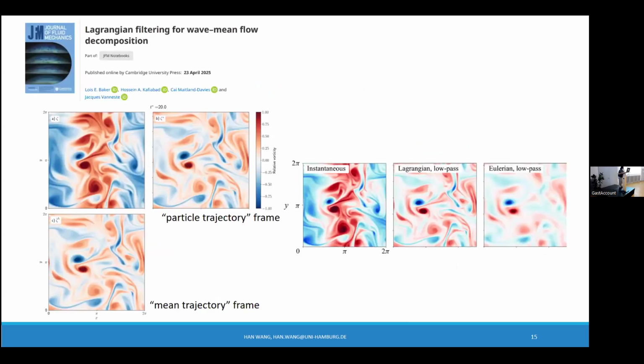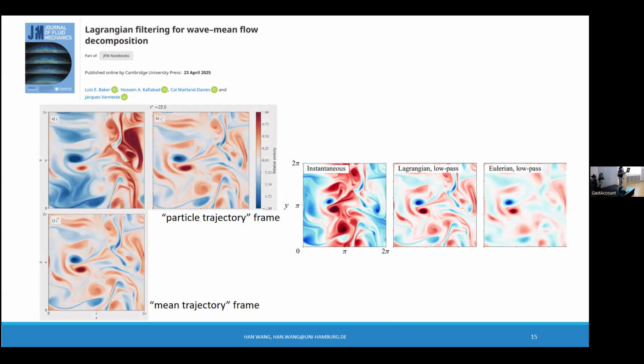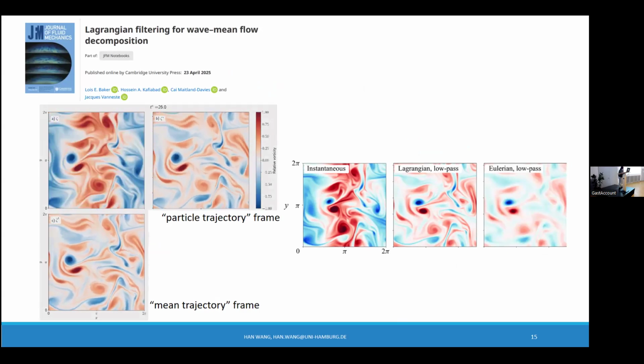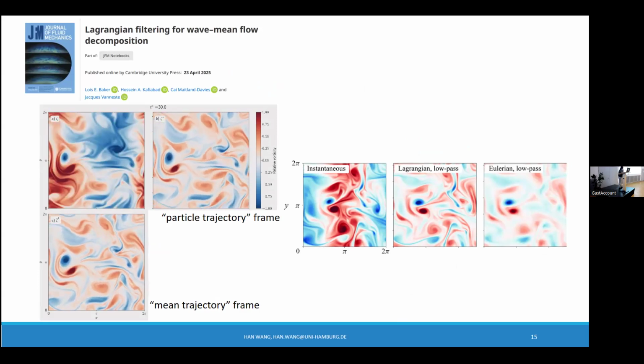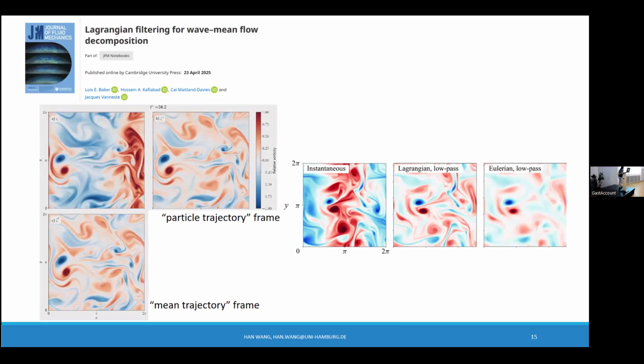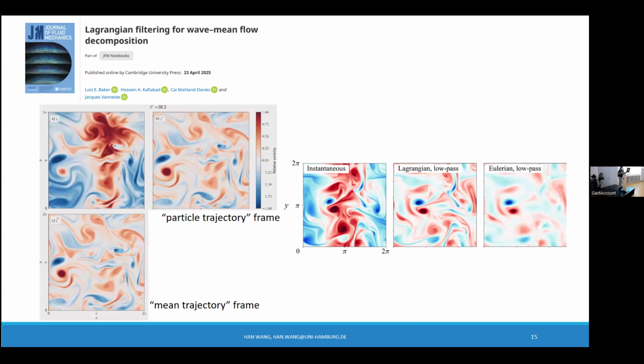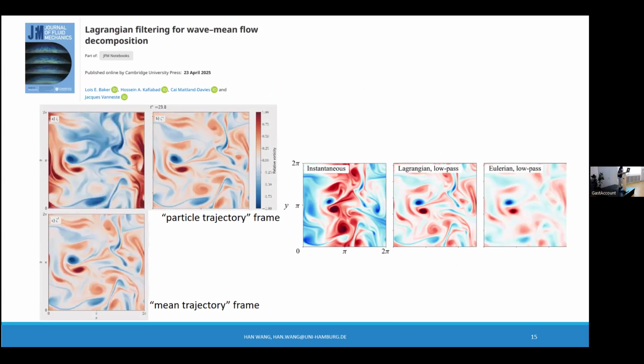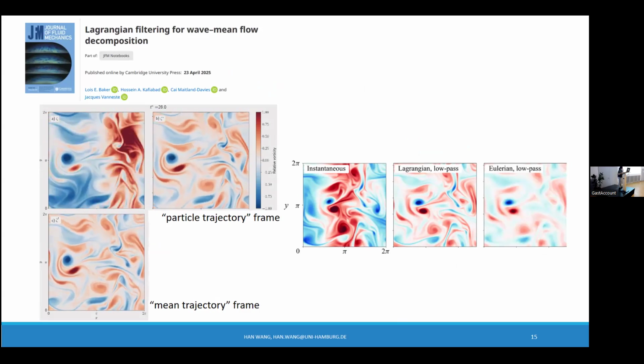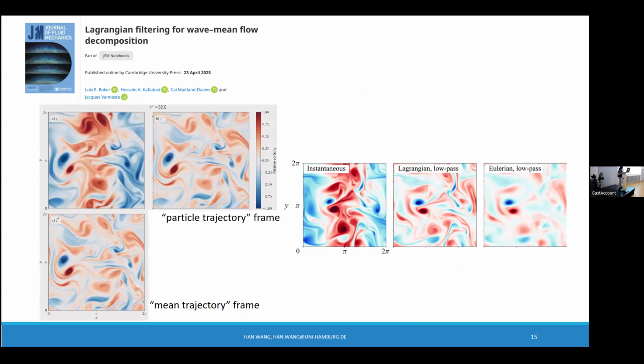And this is related to the point made by a nice work by a group in Edinburgh, and they are comparing the particle trajectory versus the mean trajectory framework. So the first panel is the raw vorticity, and the second panel is the Lagrangian filtered mean vorticity, but following the particle trajectory frame.